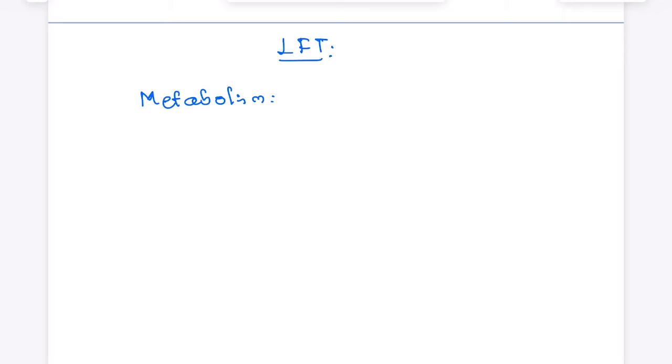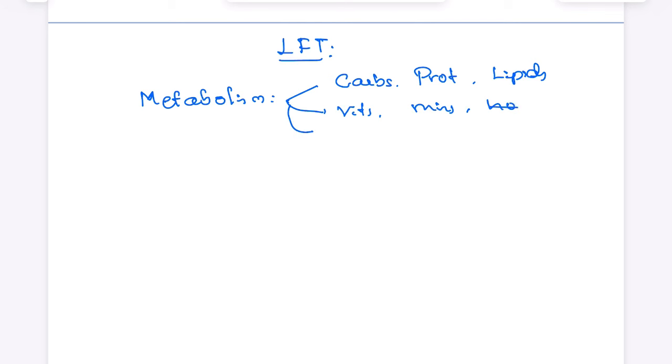It has a role in metabolism of carbohydrates, proteins, and lipids, macronutrients, and micronutrients like vitamins, minerals, and hormones.